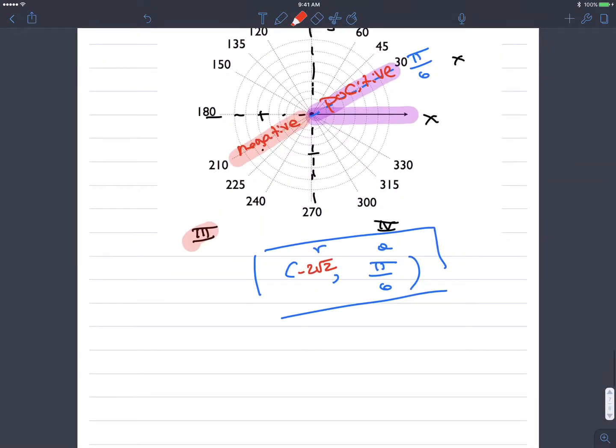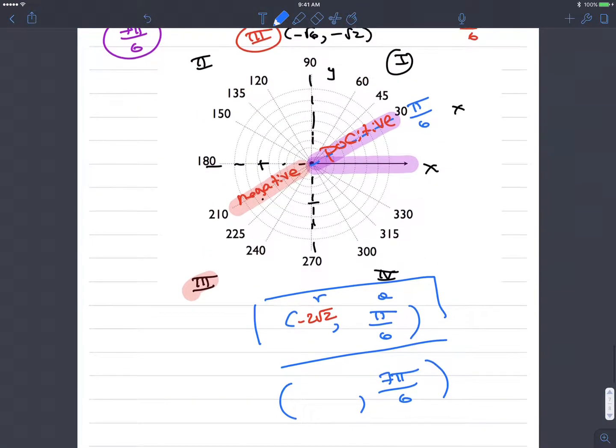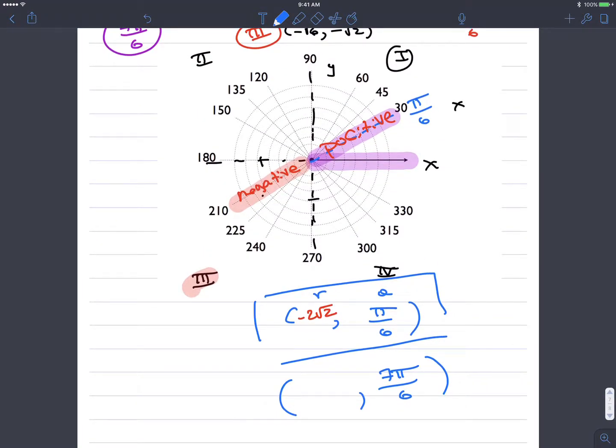Good. If you said, I think I'd rather use 7 pi over 6 as my angle theta, that's perfectly fine. But you're now going to have to tell me, let me erase this now. What you're saying now is this. Get rid of this. Get rid of that. Get rid of this. Even get rid of this.